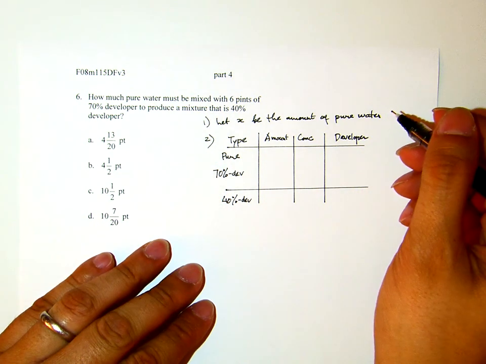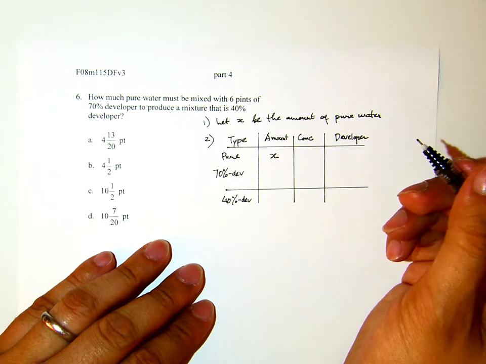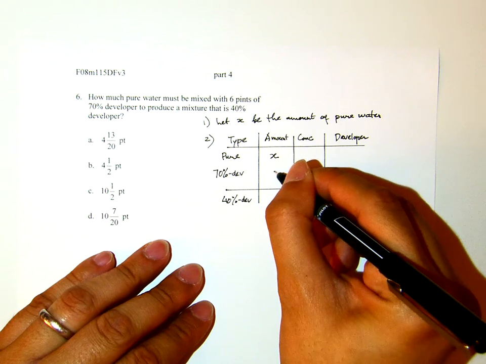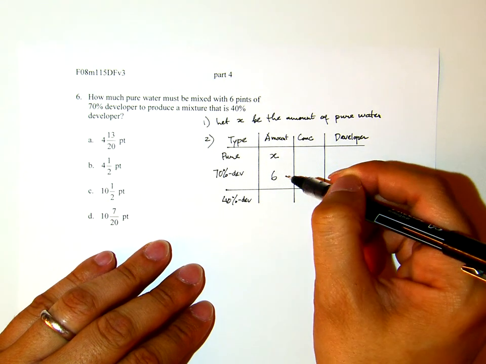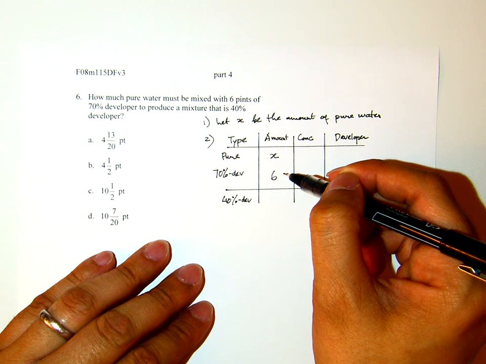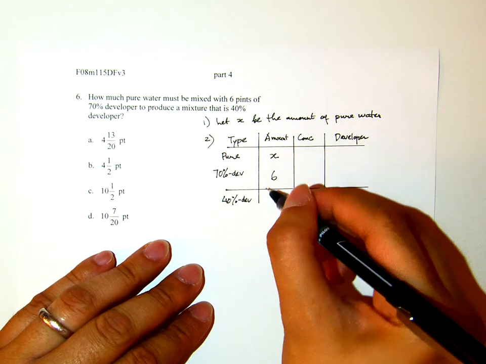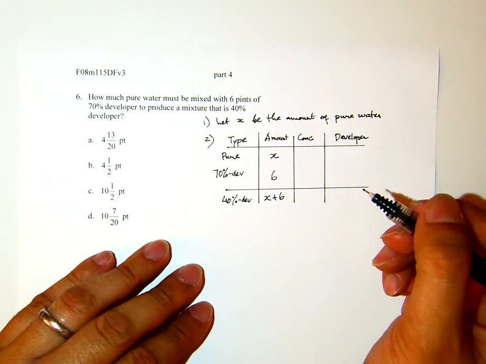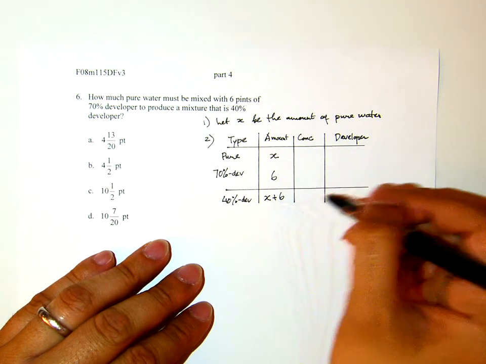The amount of pure water is the one we're looking for, that's our X. The amount of 70% developer is 6 pints. If you mix these two ingredients, pure water and 70% developer, then you will have X plus 6 pints of the mixture.